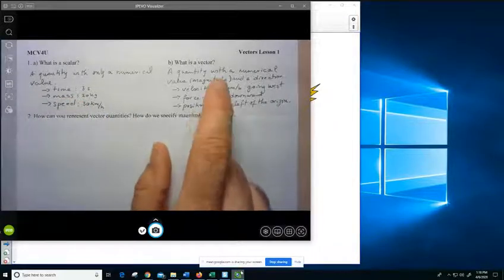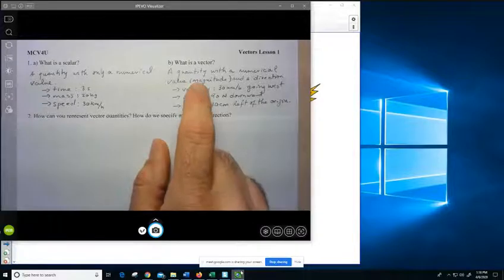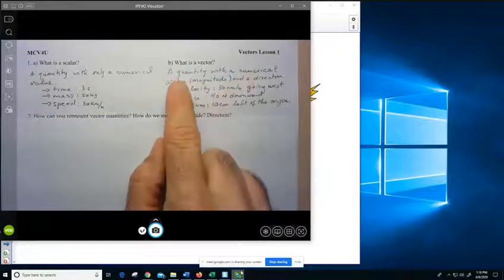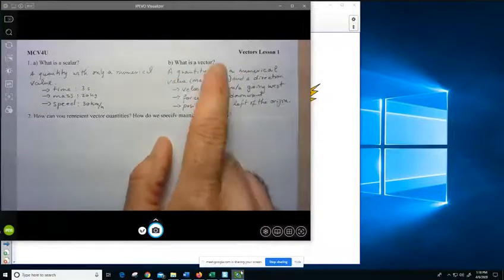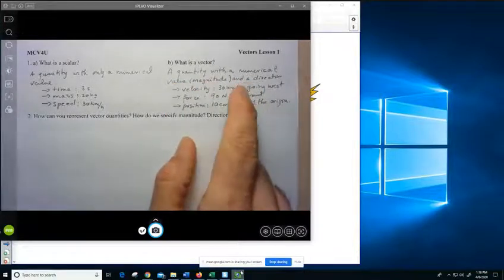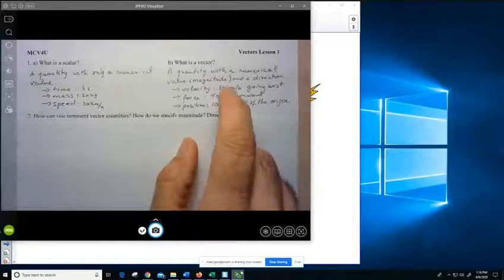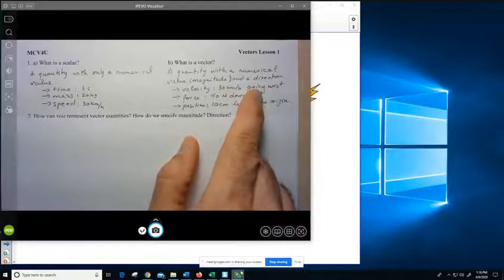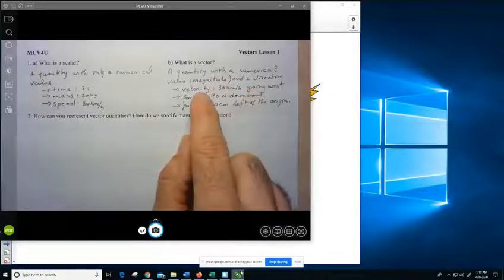It has what we call a magnitude. Okay, so that's what we refer to as the numerical value, or scalar value, and of course the direction. And we see here different ways of describing this direction. So here we might be using cardinal directions like going west. We might be using up and down.